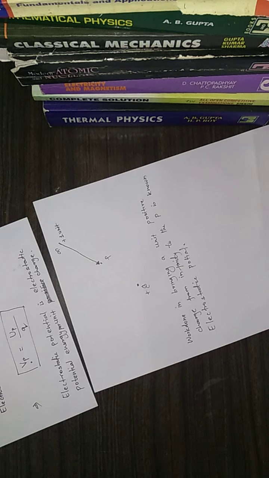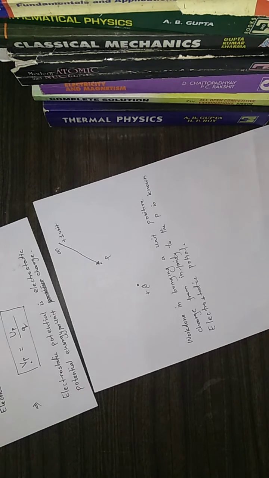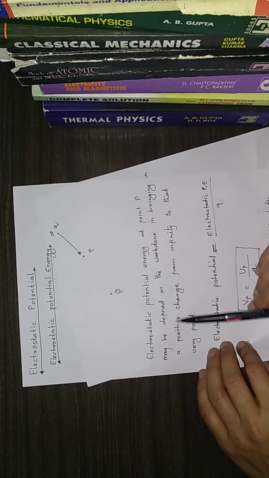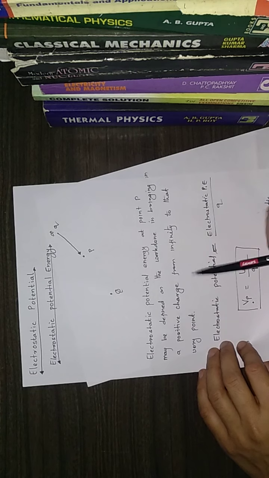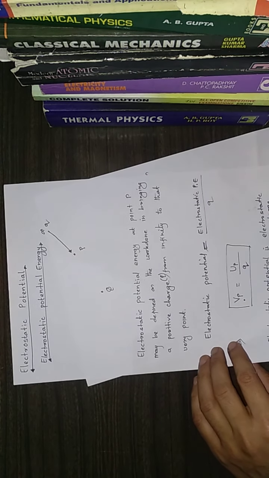Electrostatic potential is actually the work done in bringing a unit positive charge from infinity to the point P. Electrostatic potential energy was the work done in bringing Q amount of charge, a positive charge Q, from infinity to that point.